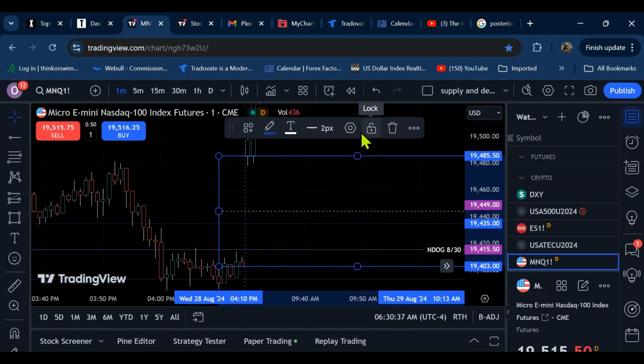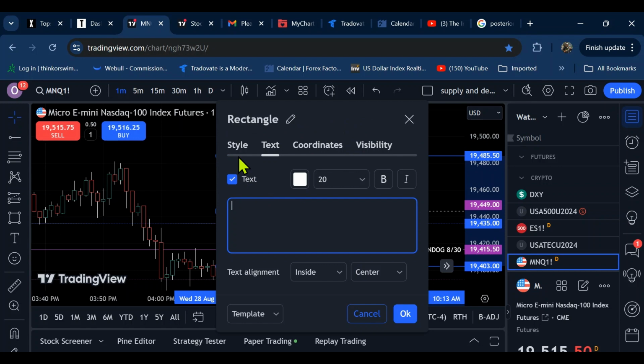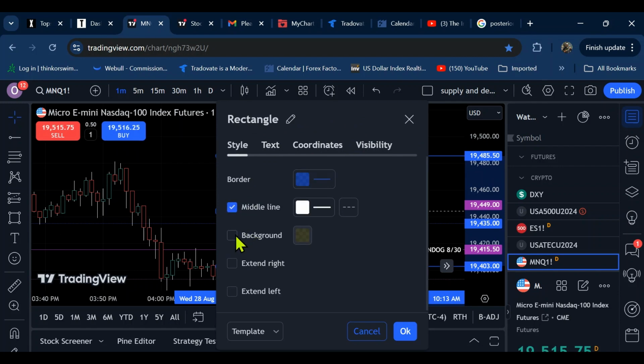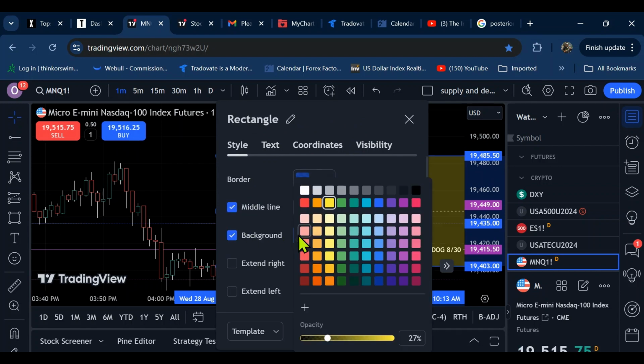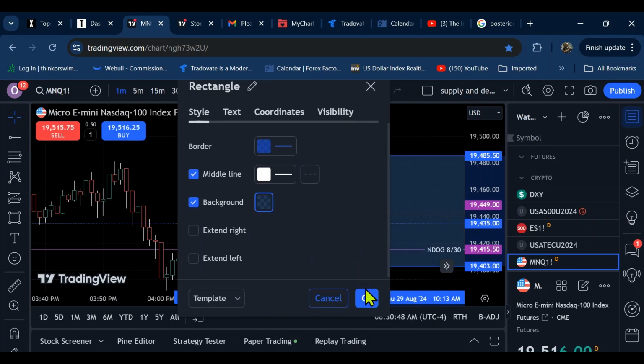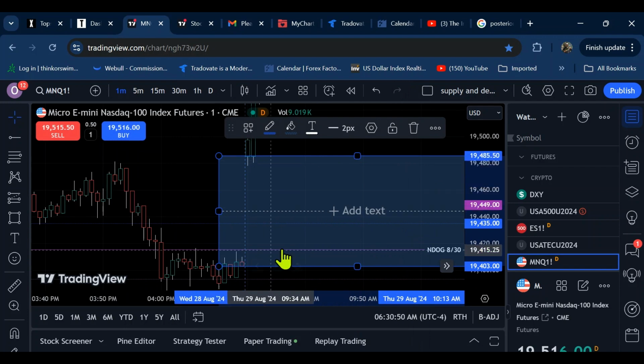Put some background on it. We'll make it a lighter blue just so we can see it later on. Okay, so there's our gap.